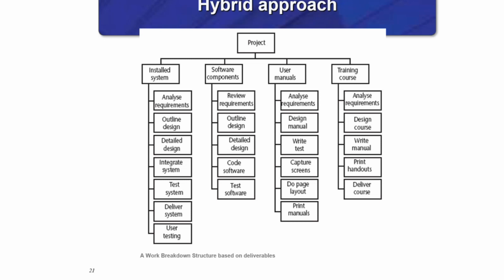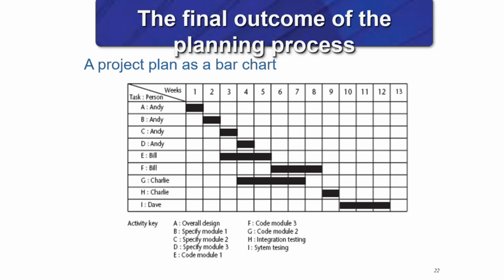So this could be compared to the previous one. The second one would be a schedule. It answers the 3 W's: who, what, when questions, adding the time estimation to the breakdown of the tasks.